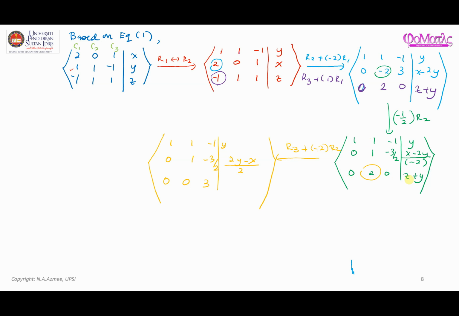And over here I have z plus y minus 2, times with this guy. Well, it is x minus 2y over negative 2.